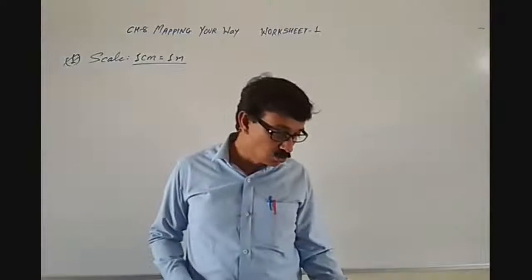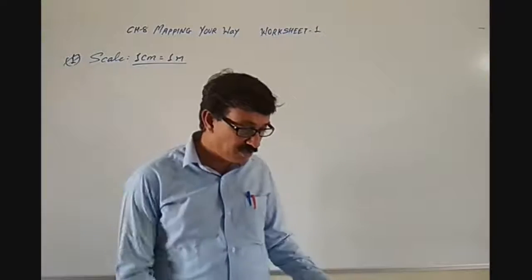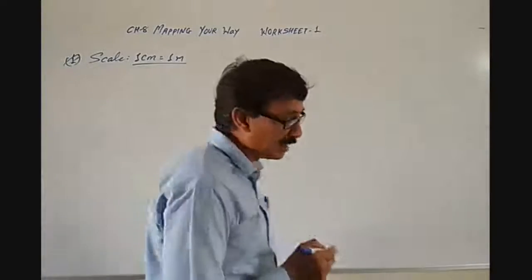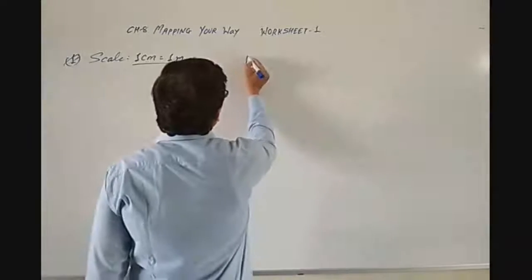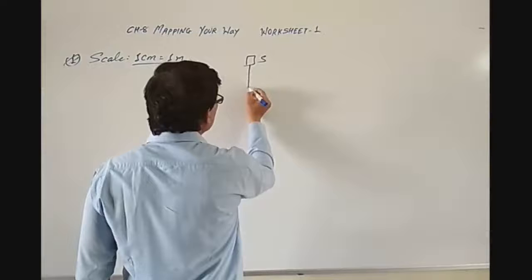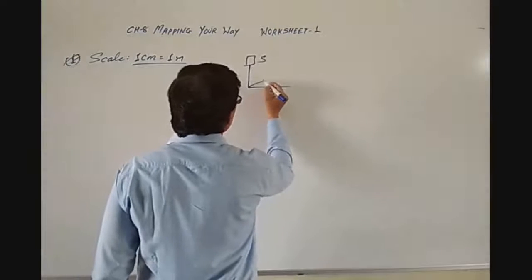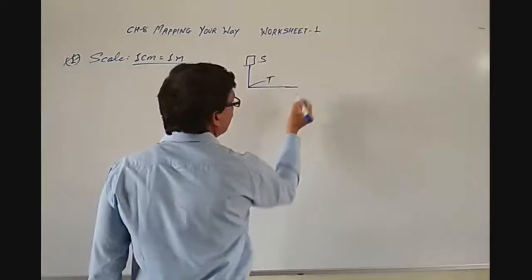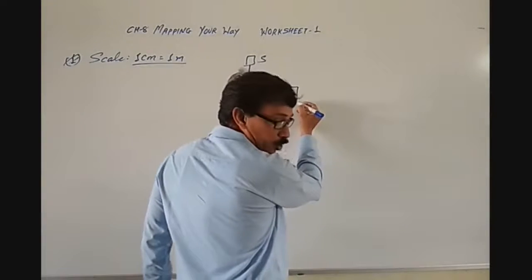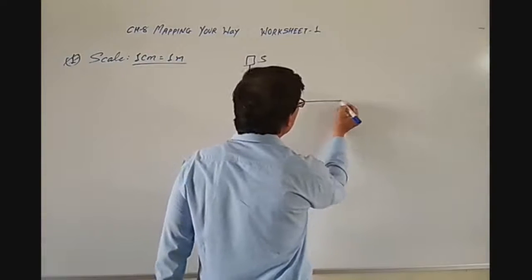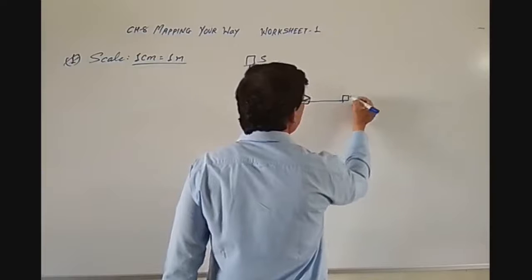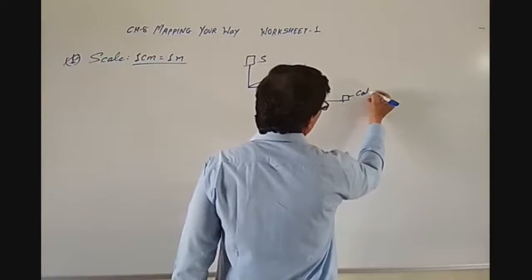See, the first question is what is the distance between Samira's home and colony gate? Now first of all, let's find out, this is suppose Samira's home, isn't it? Now from here there is a temple, and in this way, then once again in this way 2 kilometers, and once again here somewhere is colony gate, isn't it?